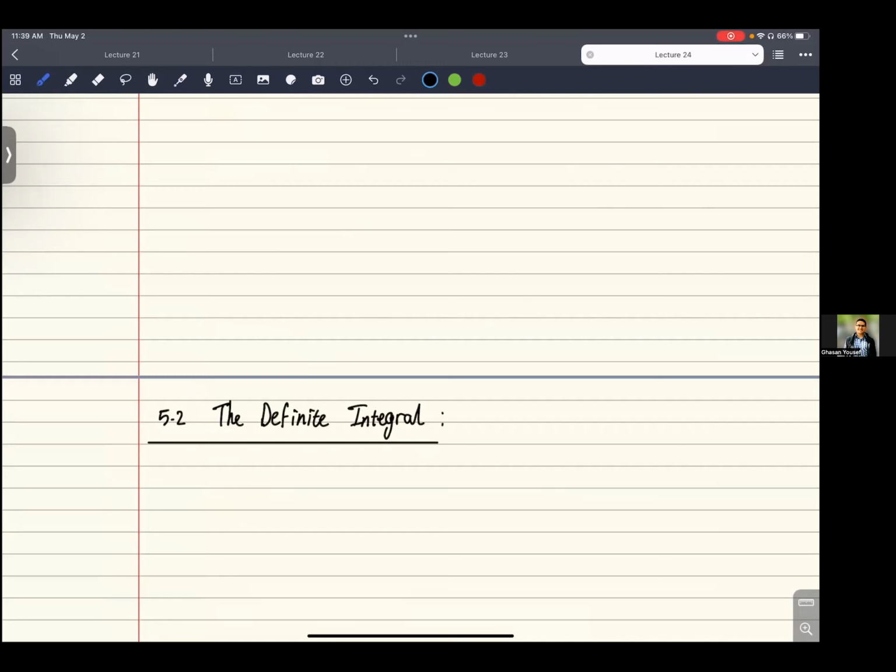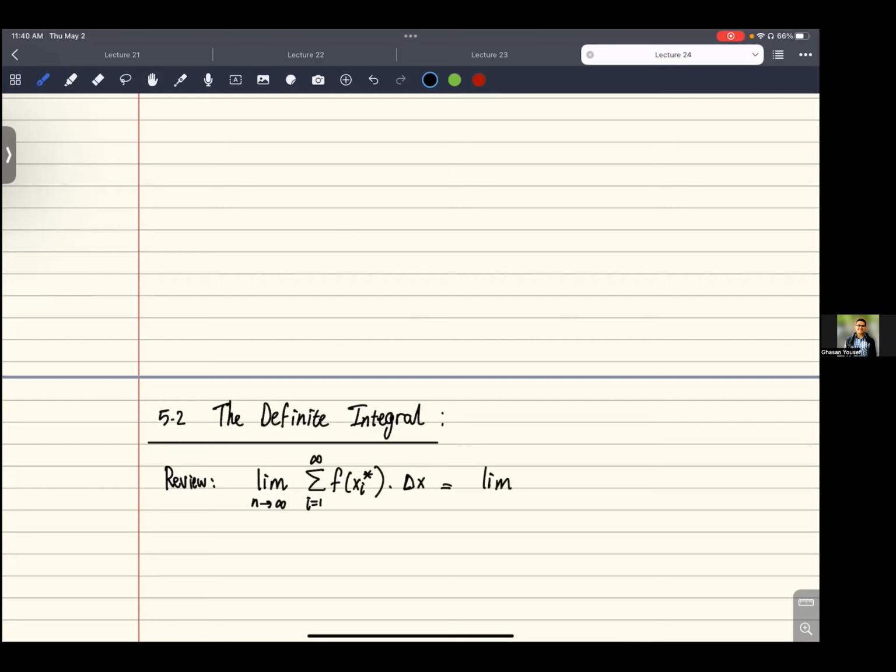Okay, just a review. You should know the limit, as we learned before, of the sum of the function f of x_i star times delta x, with i from 1 to n, when n goes to infinity, is the same as the limit.